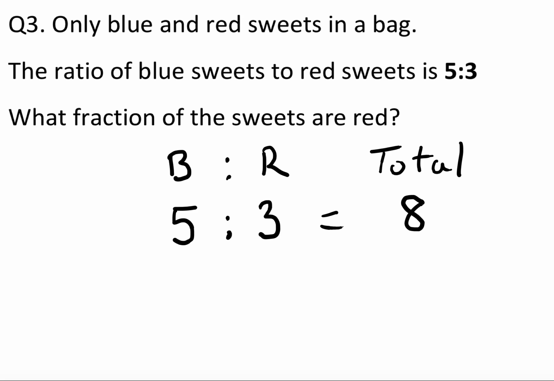So now the bag, so 8 means the bottom part of the fraction is going to be 8. So we got 8 sweets in the bag. How many of those sweets are red?